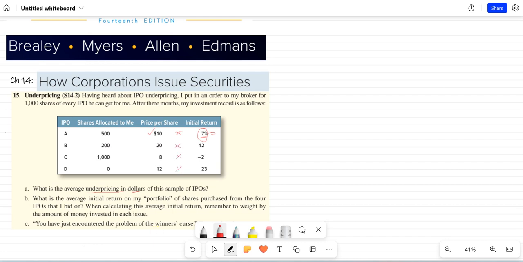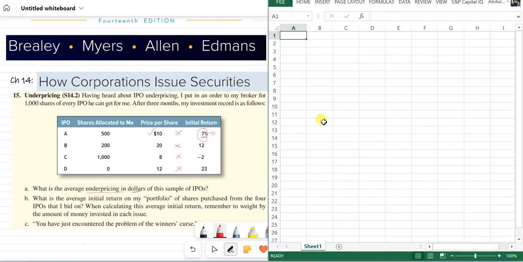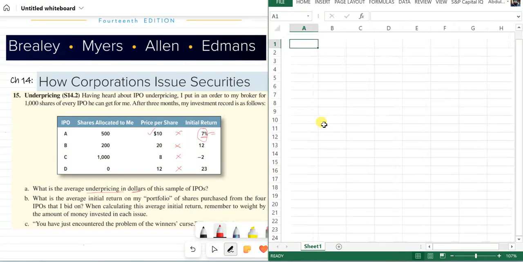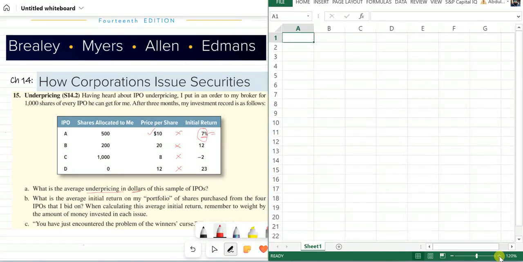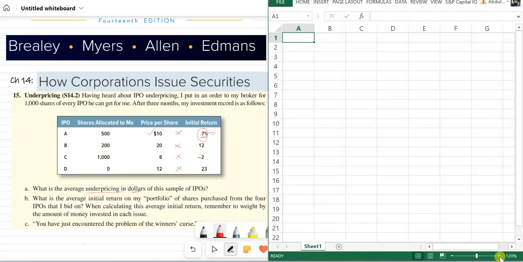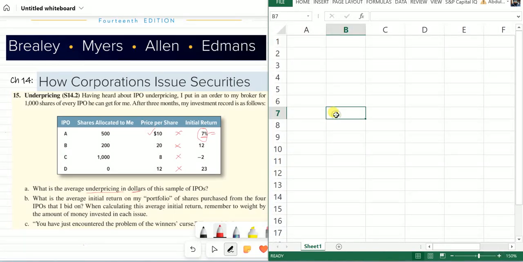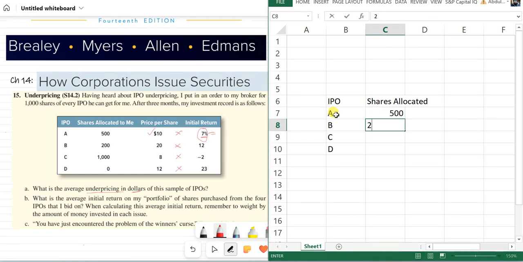Similarly, for all these 4 options, I will use Microsoft Excel to calculate this. Hope it's visible. We have 4 IPOs, A, B, C, and D. Then we have shares allocated in each IPO, which is 500, then 200, then 1000, then 0.